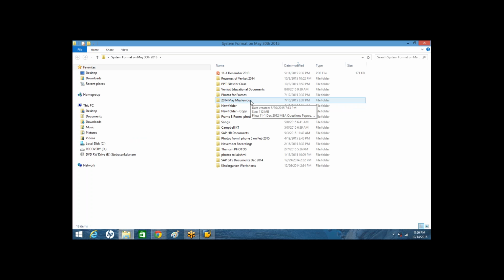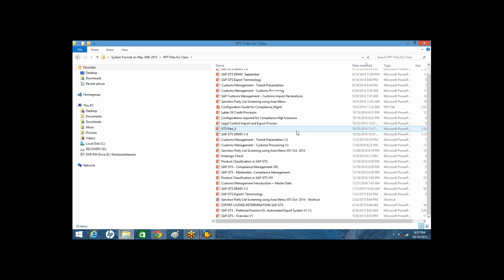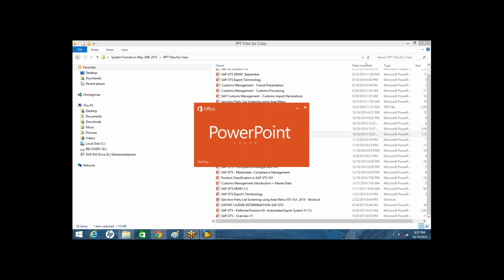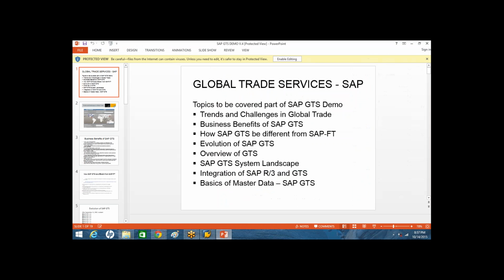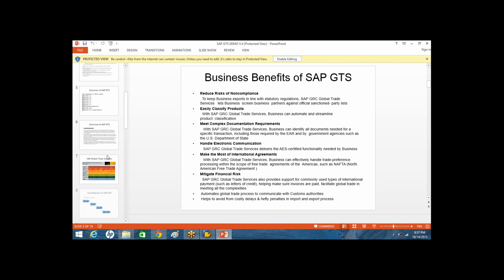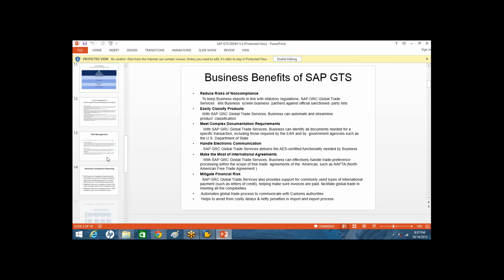As I already informed you, is electronic compliance reporting, the 4th module of SAP GTS, having any sub application areas or subdivisions in it?